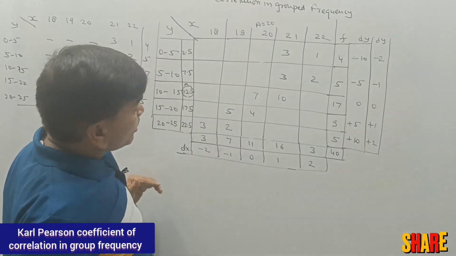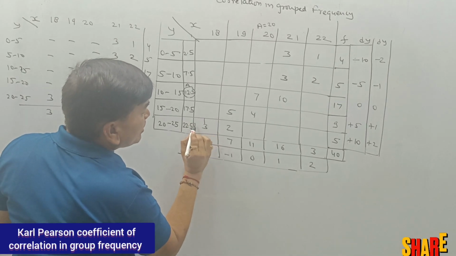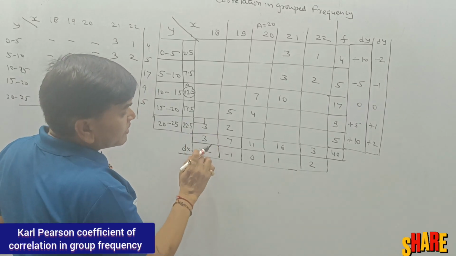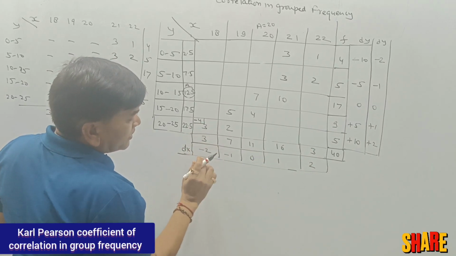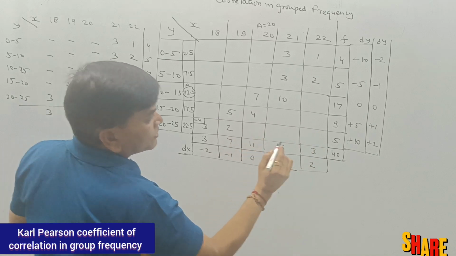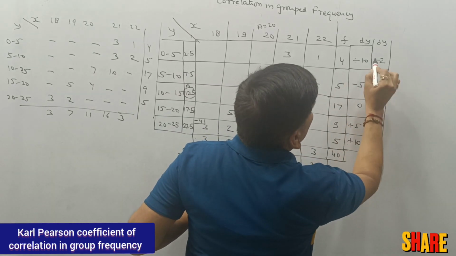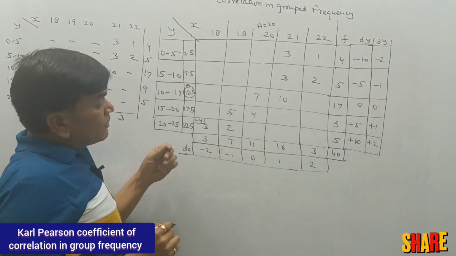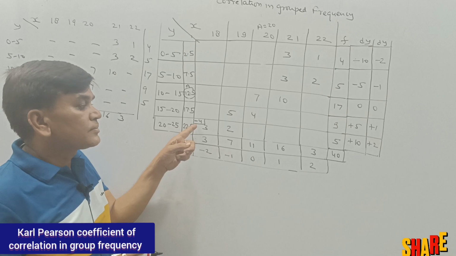Now the value of dx and dy. Here 3 is our frequency. Here minus 2 and plus 2, that is minus 4. So very first we will calculate the value of dx dy.